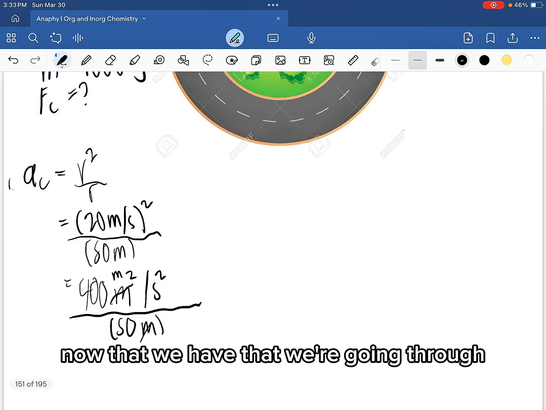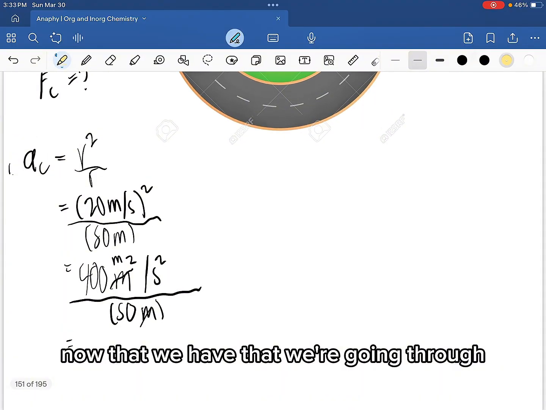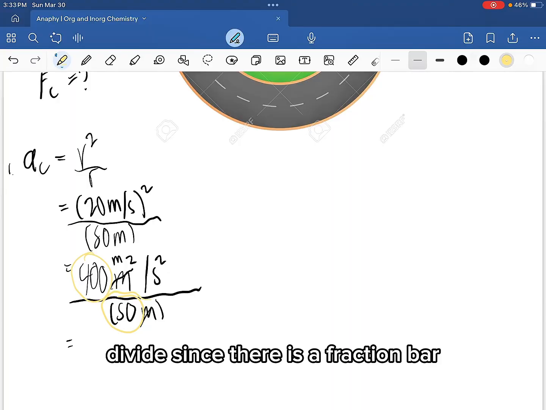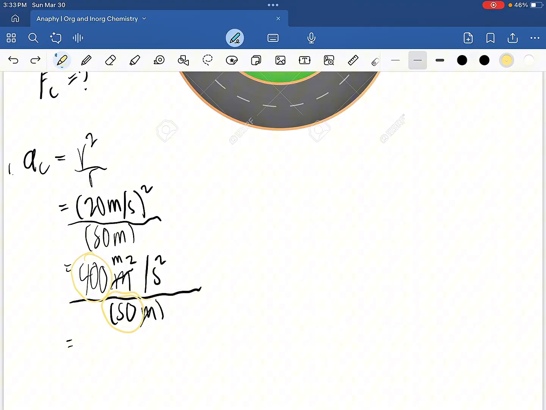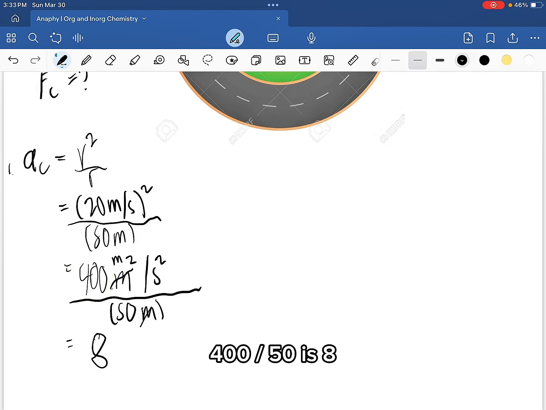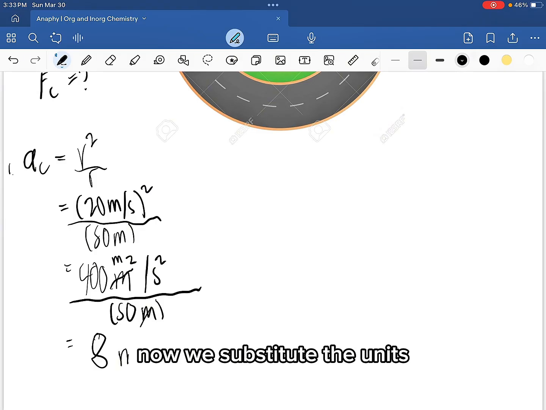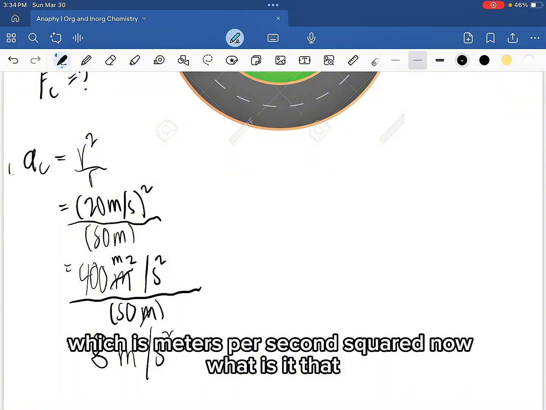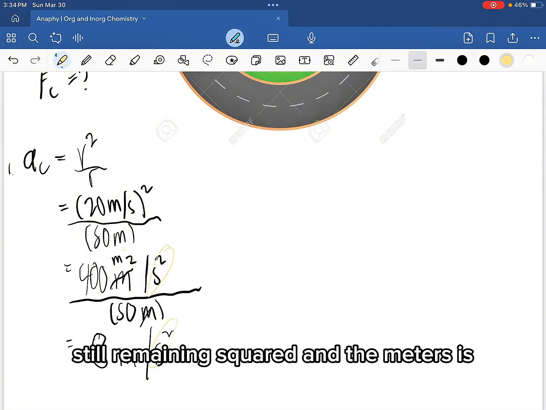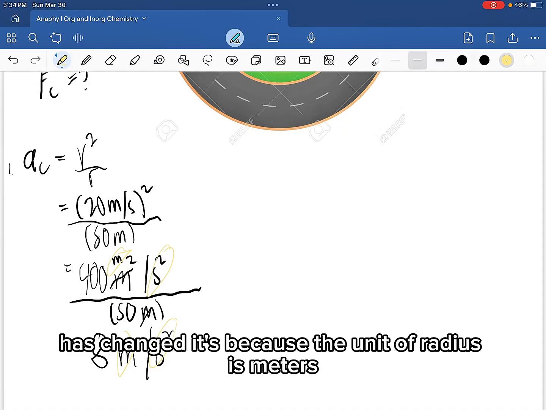Now that we have that, we're going to divide, since there is a fraction bar. 400 divided by 50 is 8. Now, we substitute the units, which is meters per second squared. Why does it remain squared while the meters changed?